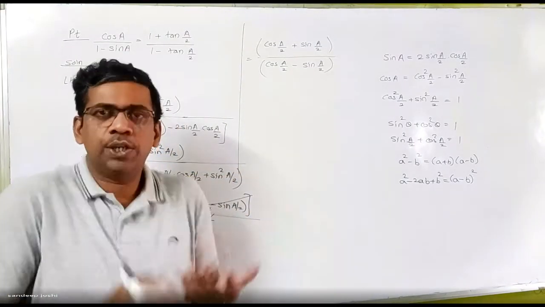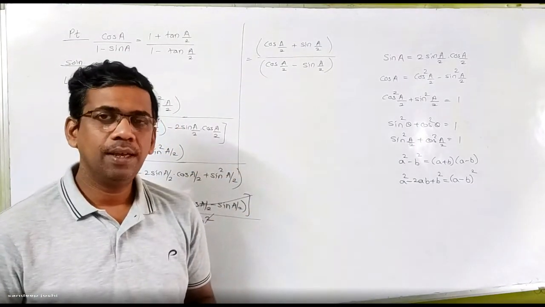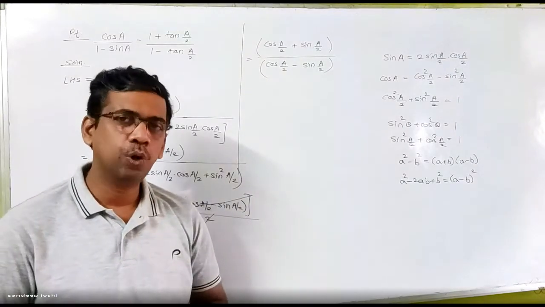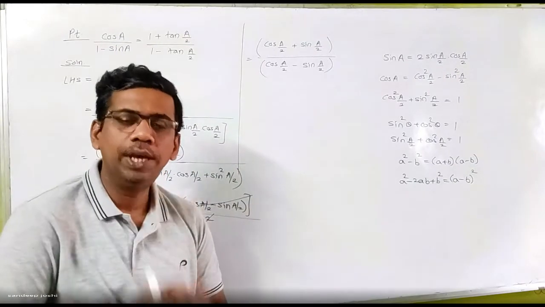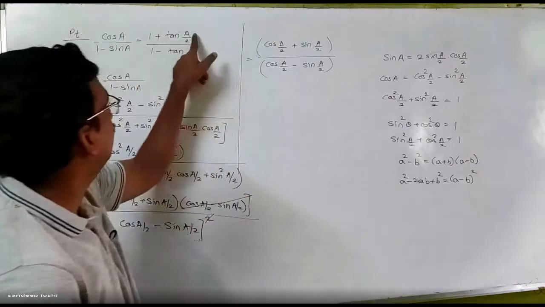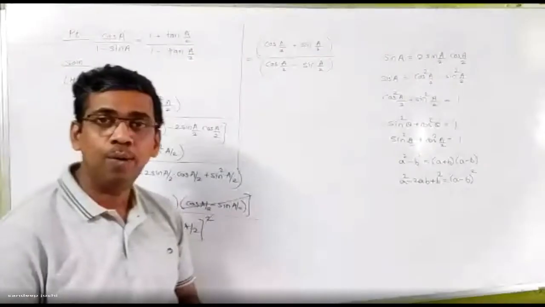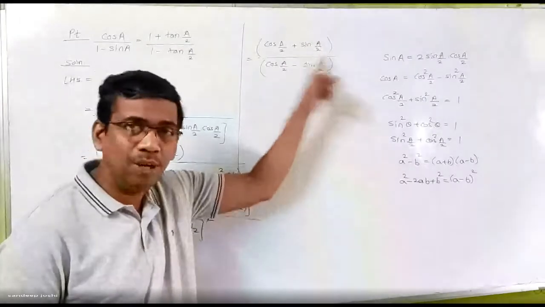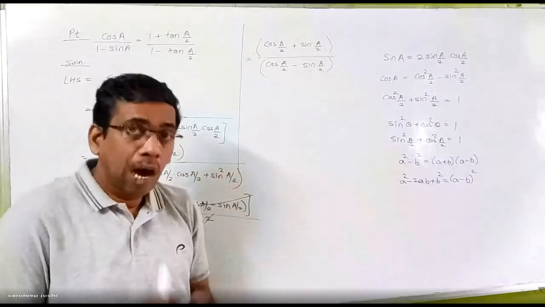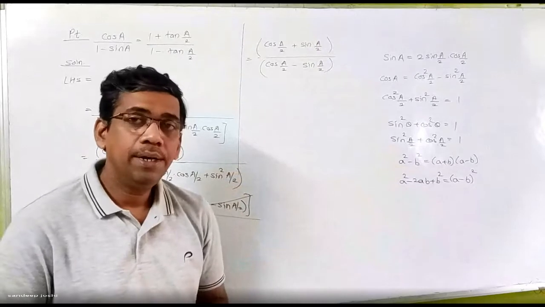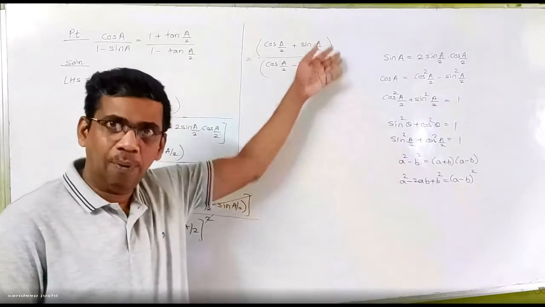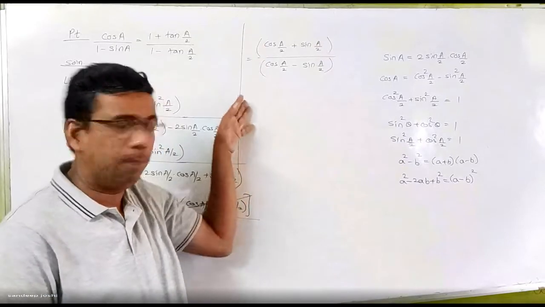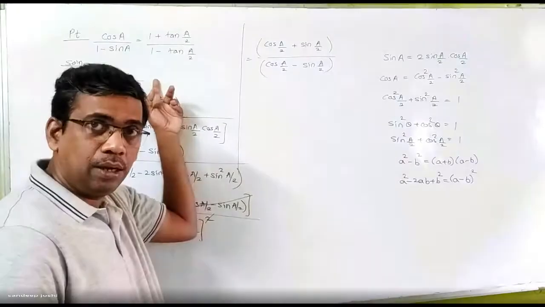But whether we achieved our final answer? I always told you to observe the right hand side continuously. What we need is tan A by 2 and tan A by 2. Whether we are having a tan with us? No sir. How tan can be obtained? Tan is nothing but sin divided by cos. Right now we are having sin A by 2 and cos A by 2, but we require 1.